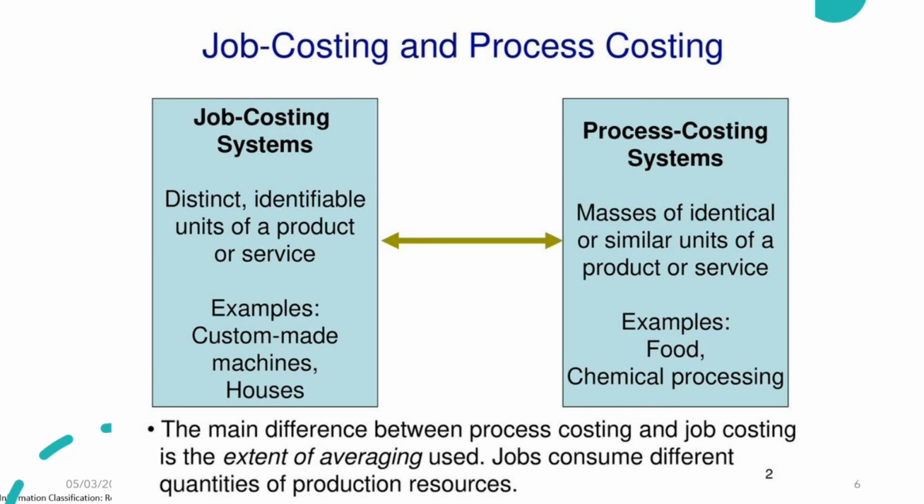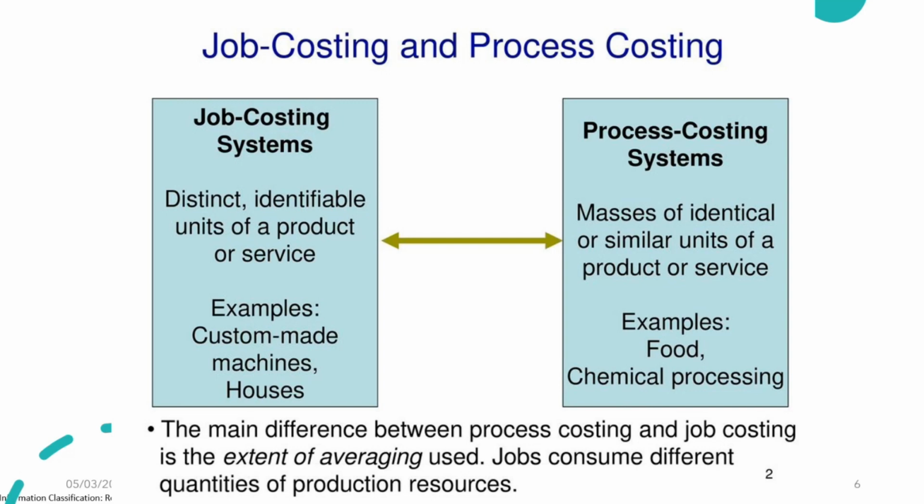And costing is not the same. For job costing, items need to be quite distinct, each item different from each other, and they are identifiable. When it comes to process costing, it's very hard to identify different drinks, different bottles of drinks. They're all quite similar. Or in chemical processing, they're all similar. The things adding to the cost may be packaging or some maintenance related services.